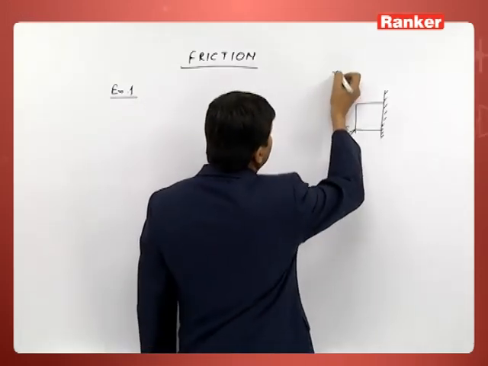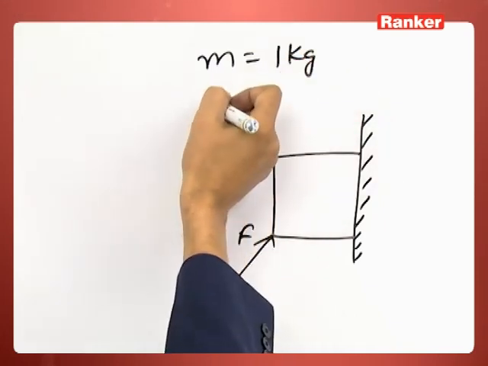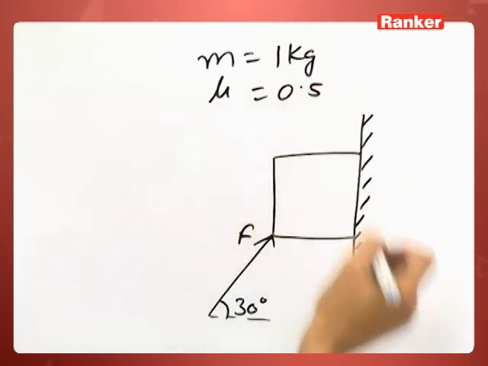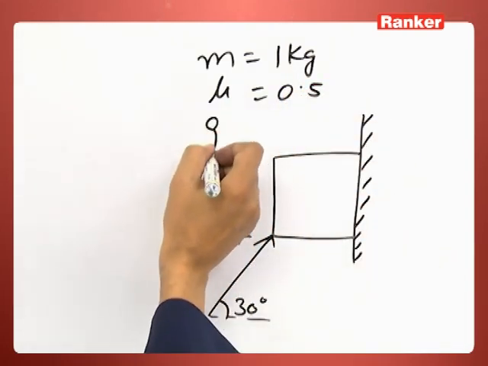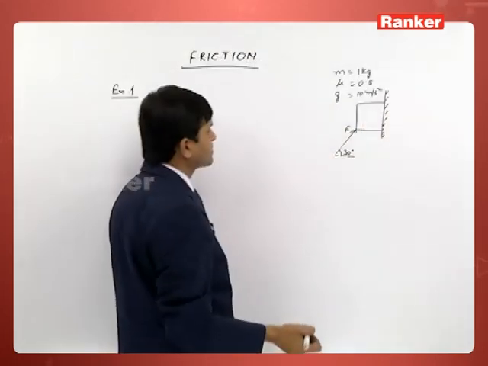The mass of the block is 1 kg, the friction coefficient is 0.5, and the value of g is 10 meters per second squared.